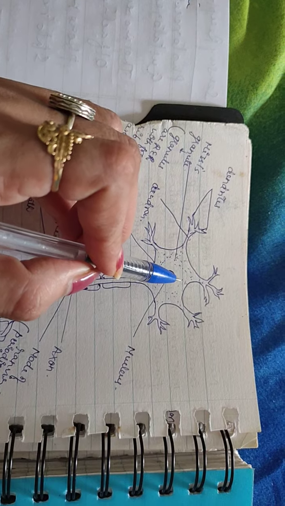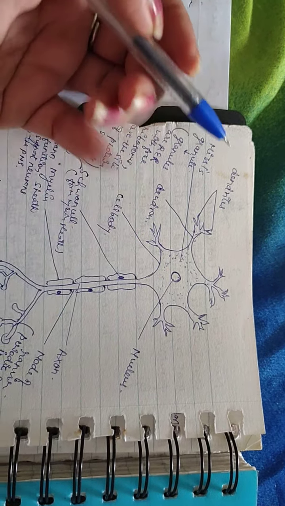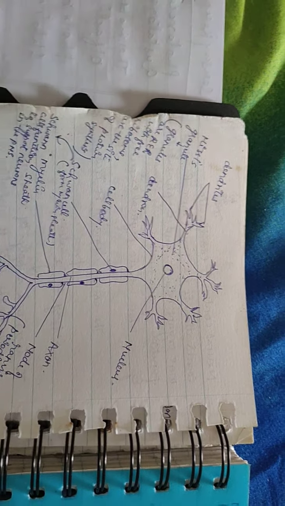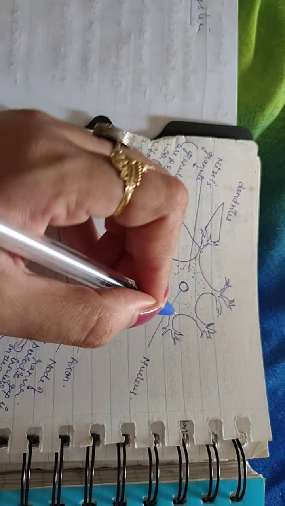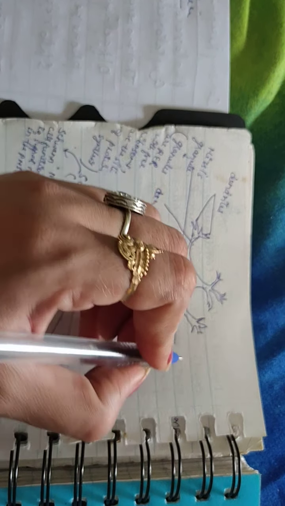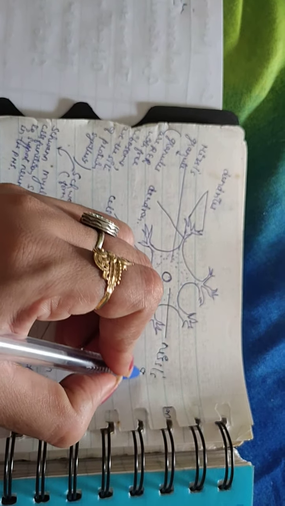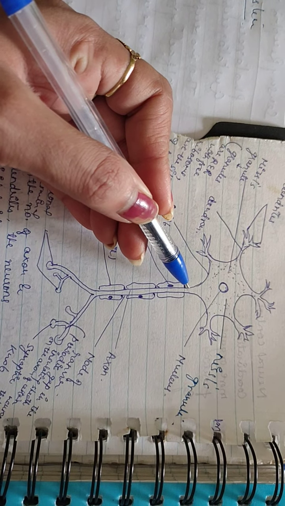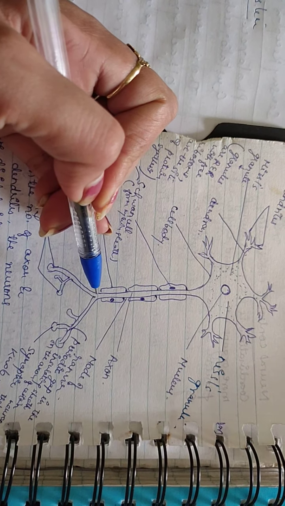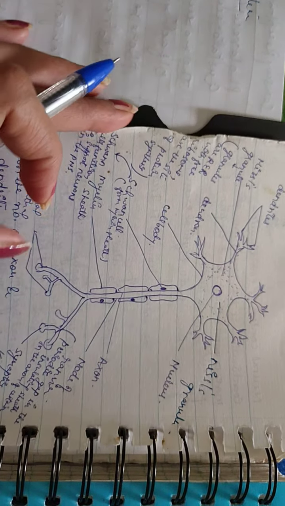This is a nucleus, and there are many dot-like structures present, and these are called Nissl's granules. It is not mentioned here, but here it is present, Nissl's granules. And you can see here this is a long process, and this is called the axon.